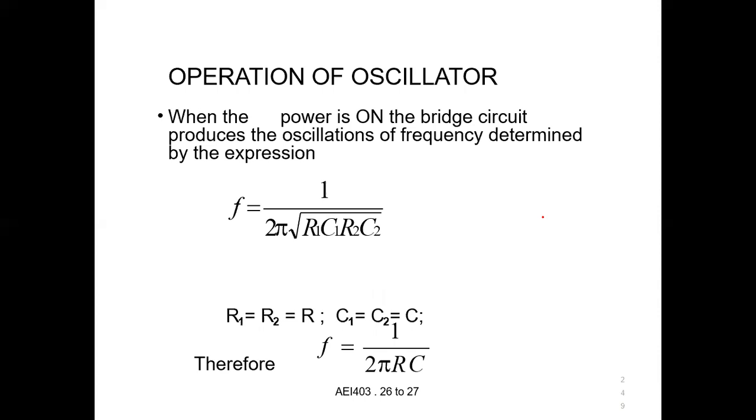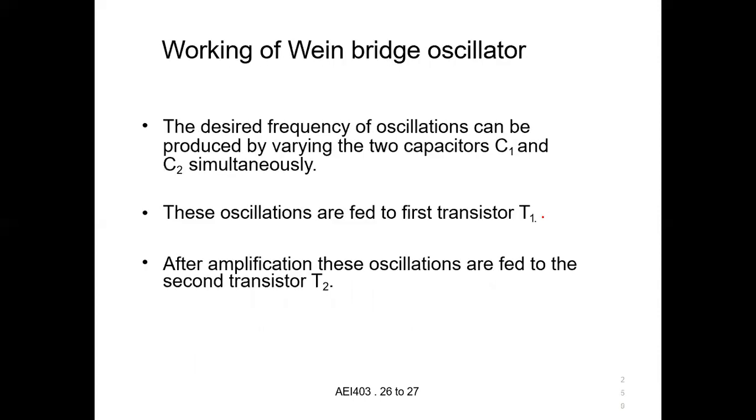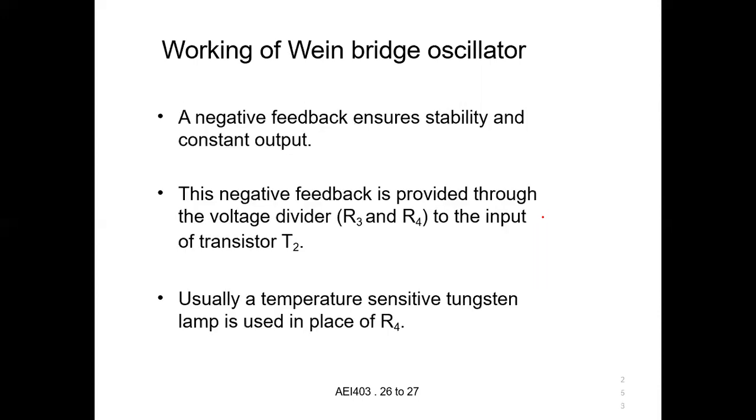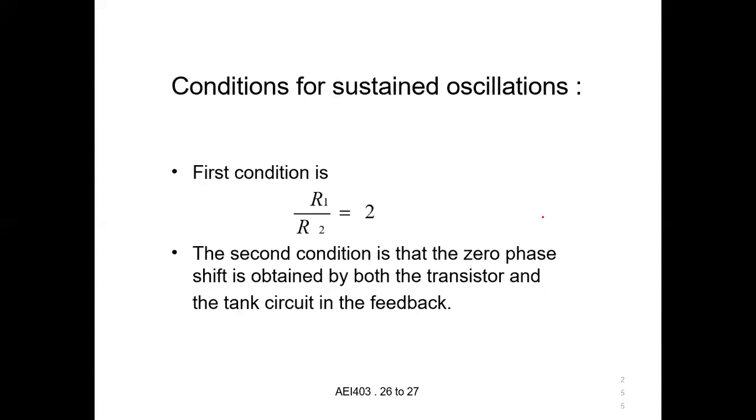If we fix the R values as the same, the output will be F equal to 1 divided by 2 pi RC. The desired frequency of oscillations can be produced by varying the two capacitors C1 and C2 simultaneously. These oscillations are fed to the first transistor T1. After amplification, they are fed to the second transistor T2. So this is the working of the Wien bridge oscillator.